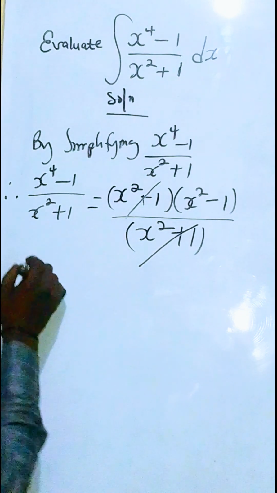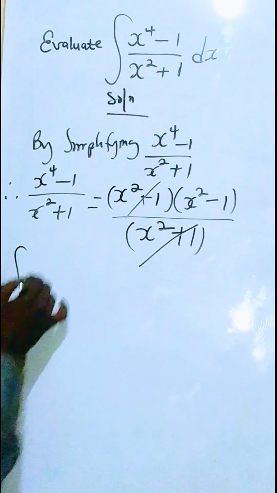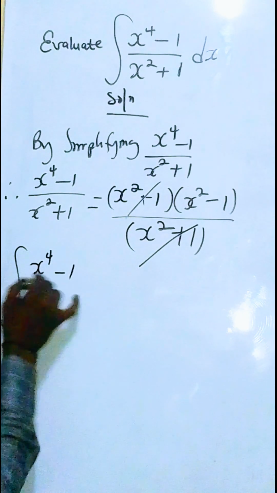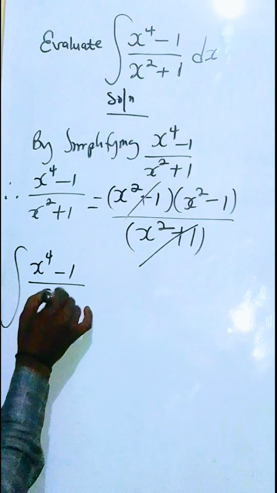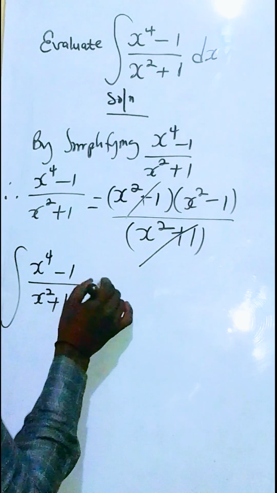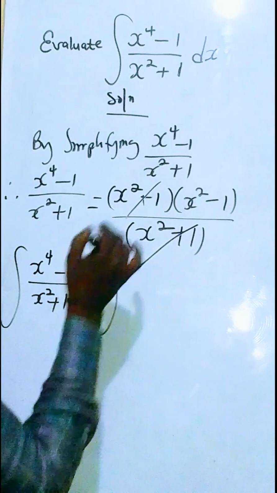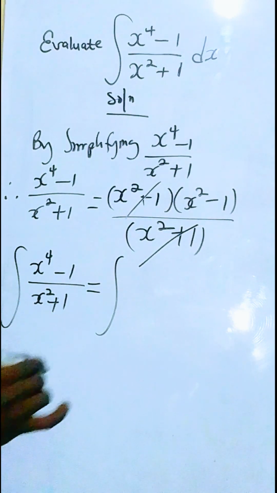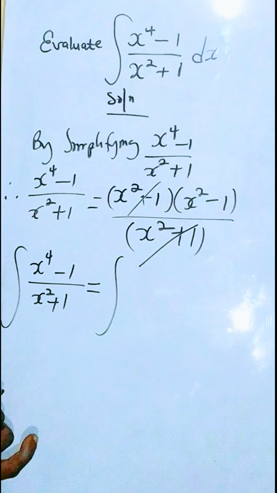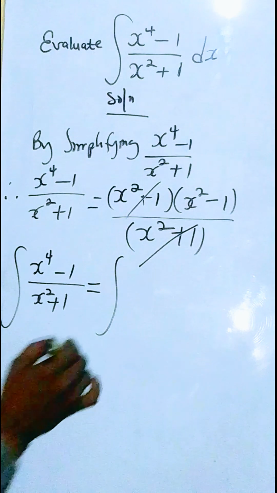So we have the integral of x exponent 4 minus 1 all over x exponent 2 plus 1, which is going to be equal to the integral of x squared minus 1.